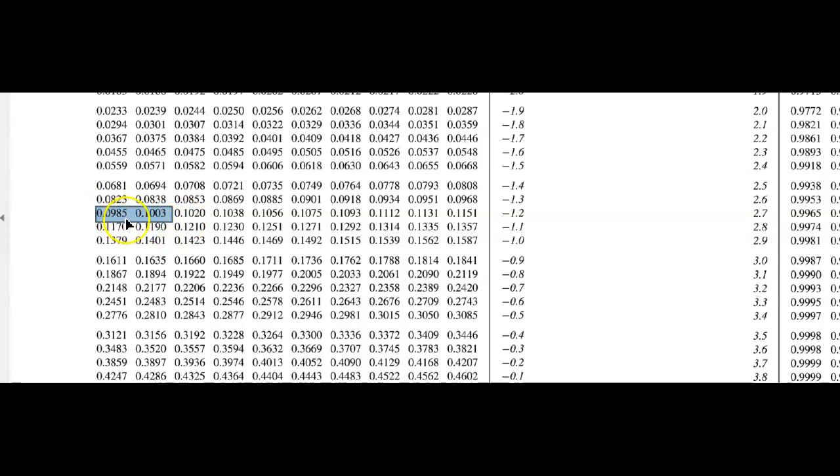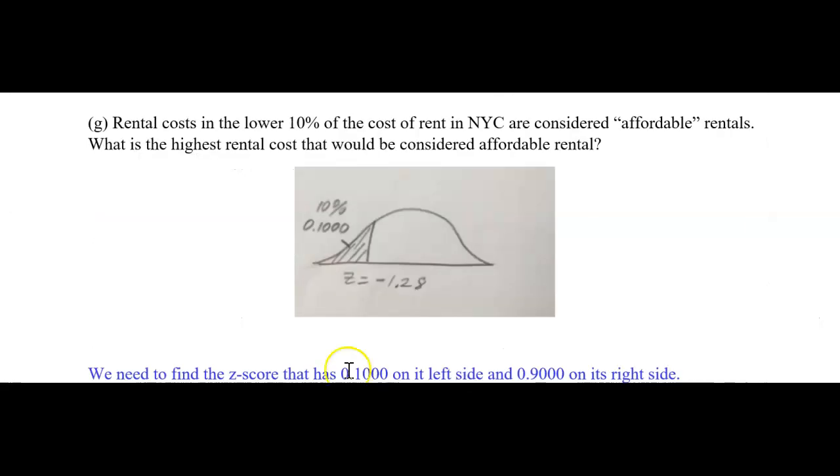If we look at 0.0985 and 0.1003, 0.1000 is actually closer to this number, right? So what's the z-score for 0.1003? It's negative 1.28. So negative 1.28 is what we have here.